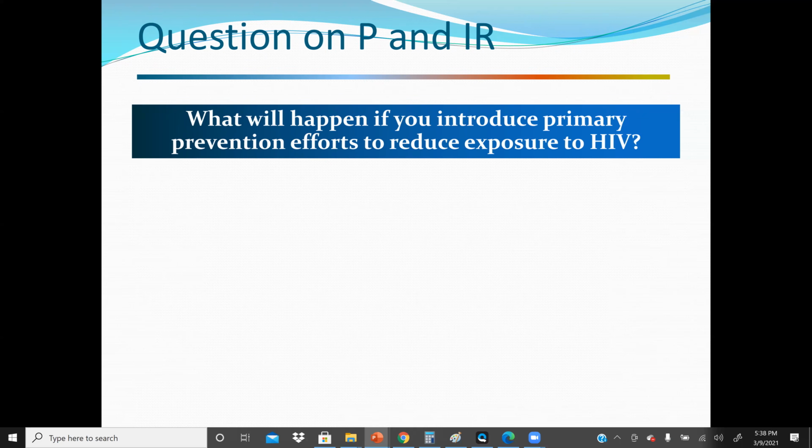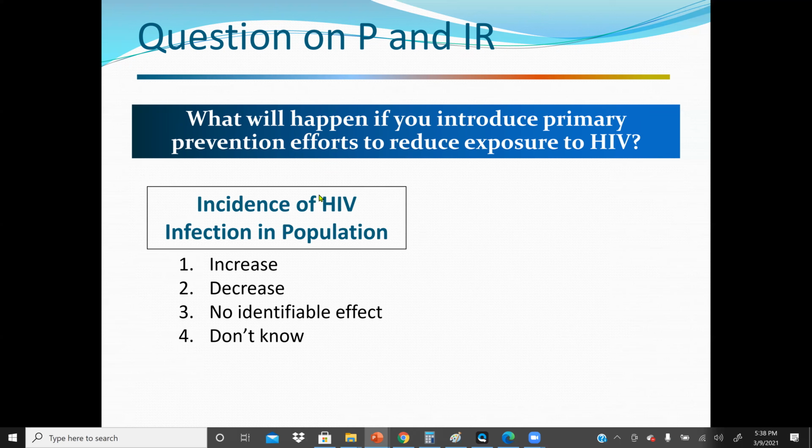So we have some questions on prevalence and incidence rate. What will happen if you introduce a primary prevention effort to reduce exposure to HIV? We say the incidence of HIV infection in the population will decrease, because we introduced a primary prevention effort to reduce the exposure to HIV.